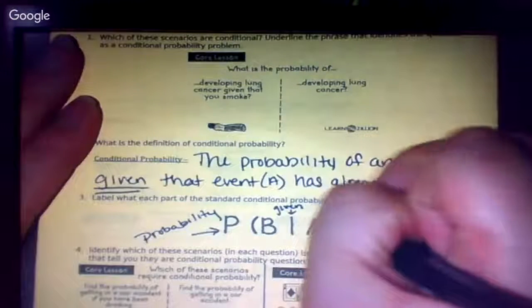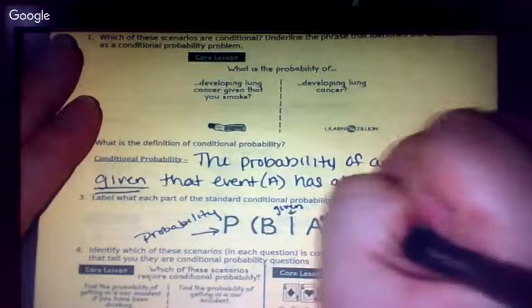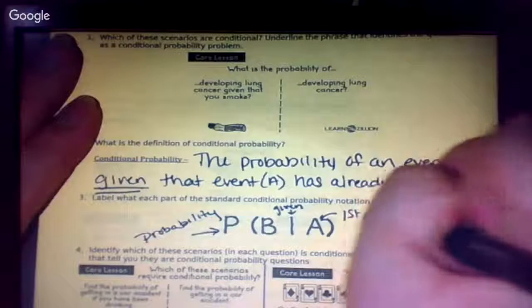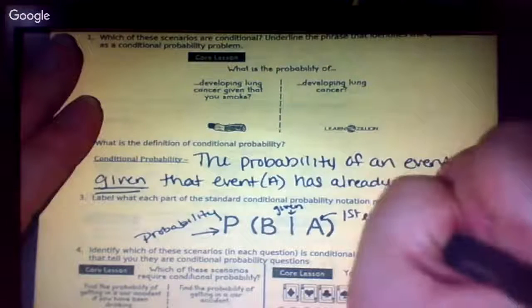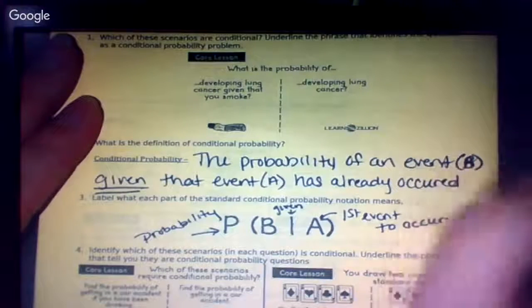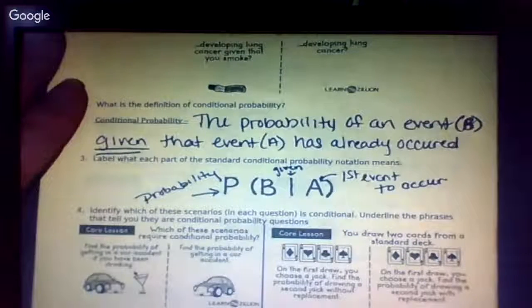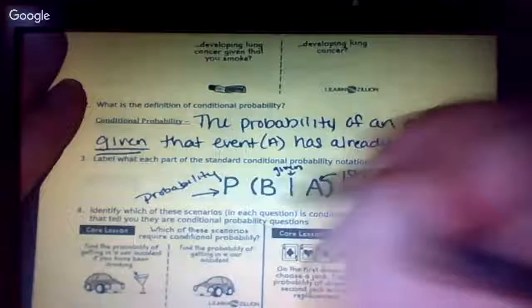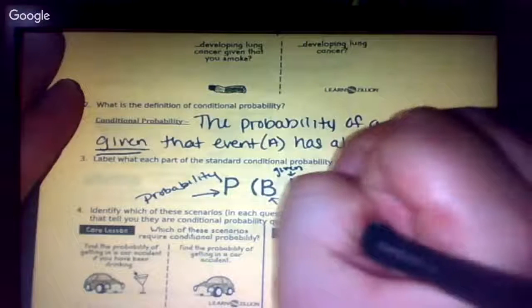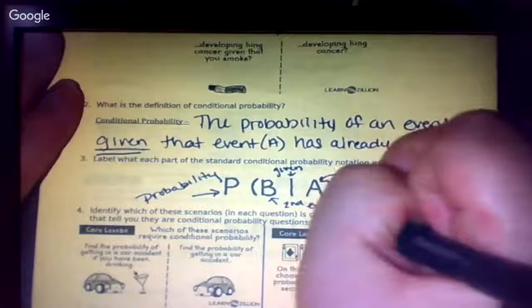The letter that comes after that line, this is the first event to occur. And B is the second event to occur.